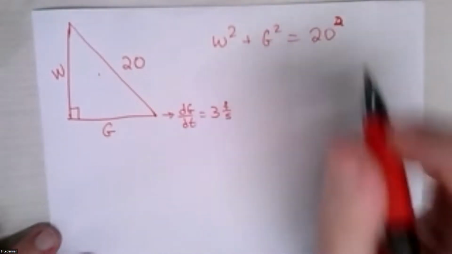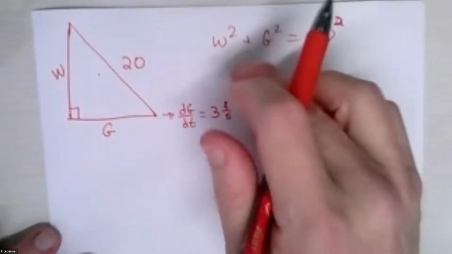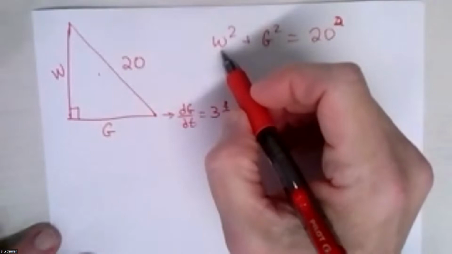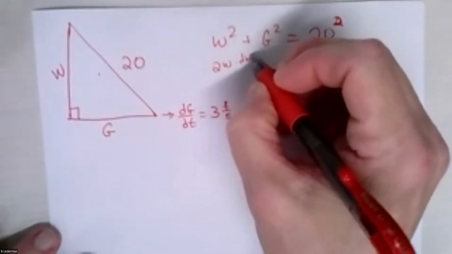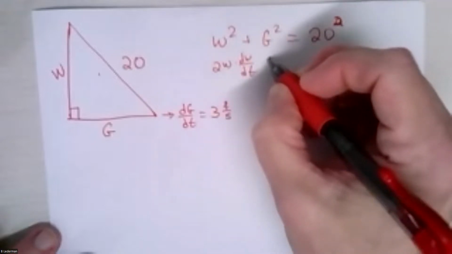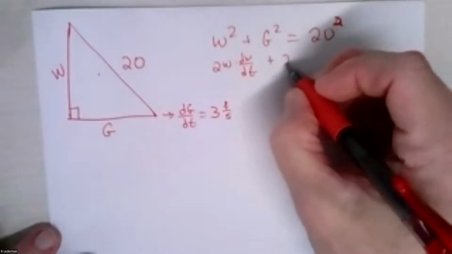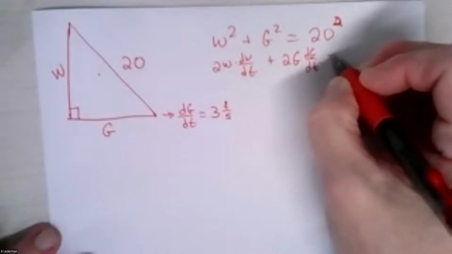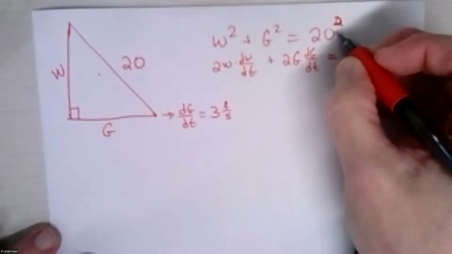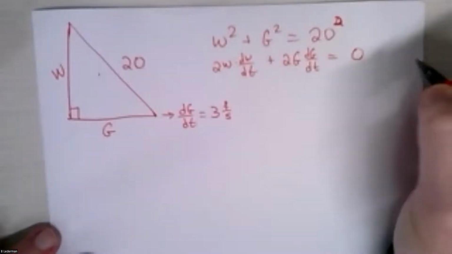Now I'm going to take the derivative of everything with respect to t. So the derivative here is 2W dW/dt, and for G squared, I have 2G dG/dt. And the derivative of 20 squared is a constant, so it's just 0.